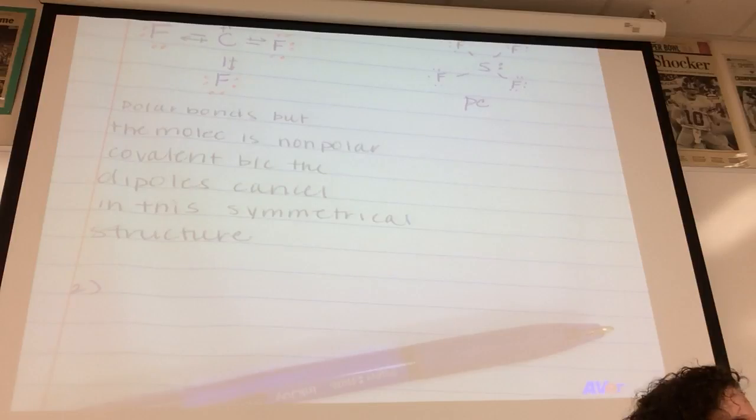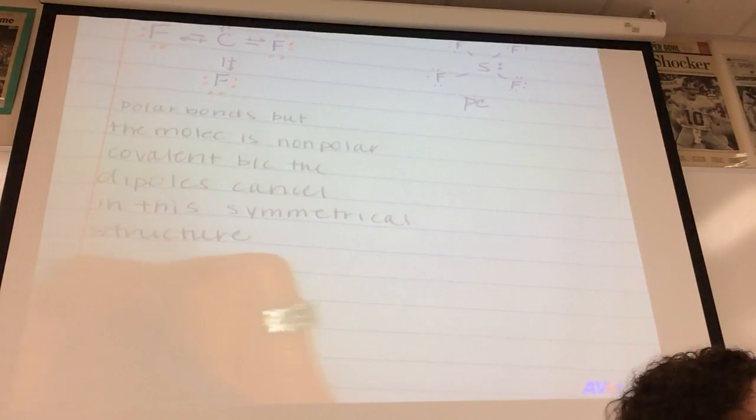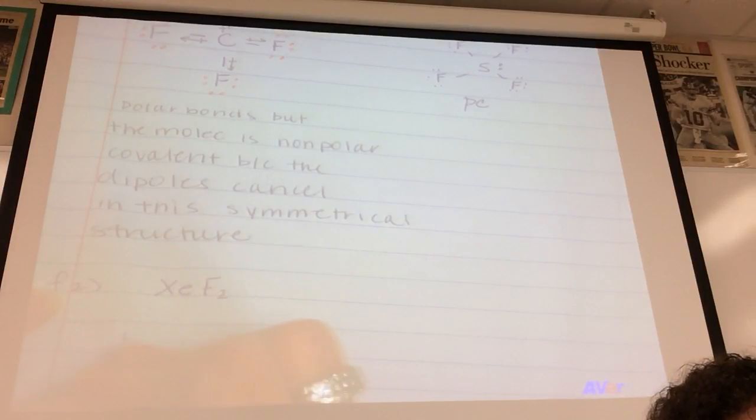So this is the AP link right here. I'll draw these two for you. Be careful with that. All right, so let me give you the examples. If you had xenon difluoride, the fluorine atoms here do line up with xenon in a linear fashion.